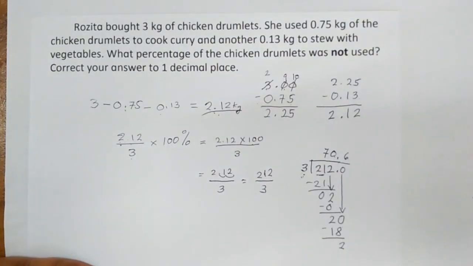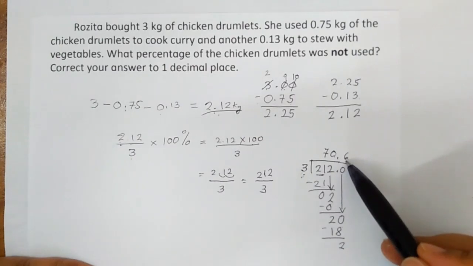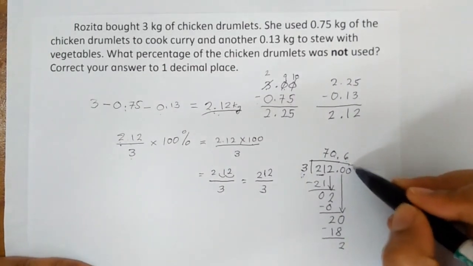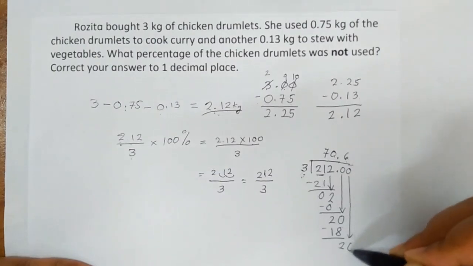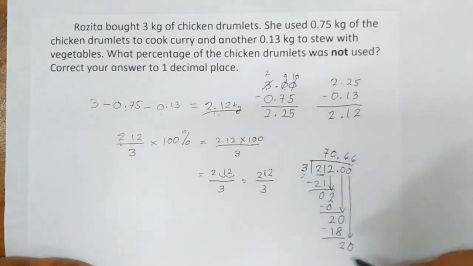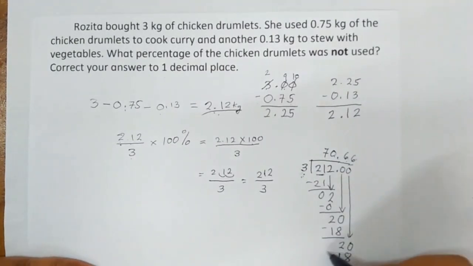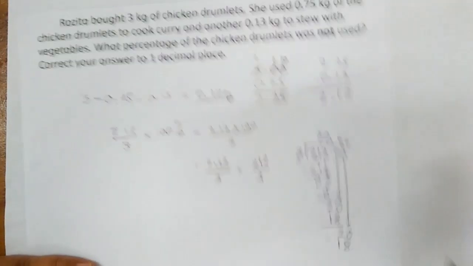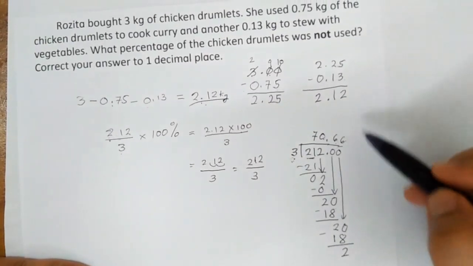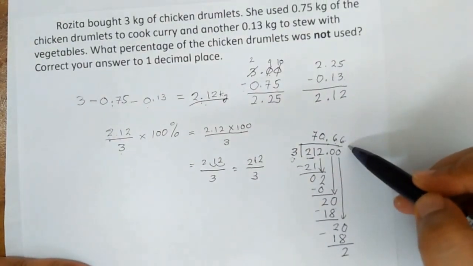We said that we need 2 decimal places. We only have 1 decimal place. So we're going to add 1 more 0. So bring down 0. 20 divided by 3 is 6. 6 times 3 is 18. So 20 minus 18 is 2. So we're going to stop because we already have 2 decimal places.